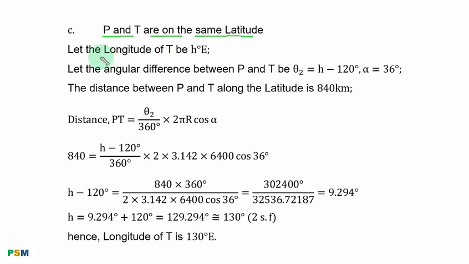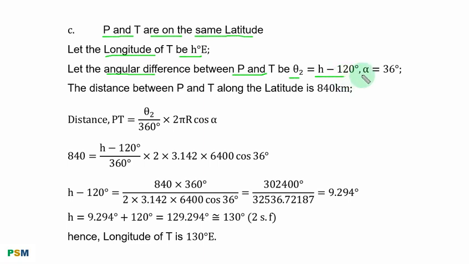So let the longitude of T be h degrees east. Let the angular difference between P and T be theta 2. Since they are on the same side of the prime meridian, their angular difference is through subtraction.